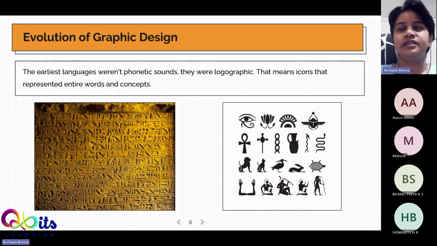These are basically a callback or a representation of us still using icons in our design. We have icons on our apps, we have icons on websites. We still use the same type of visual communication so many years past. And that is just one element of graphic design that has been carried throughout the years, that still works.